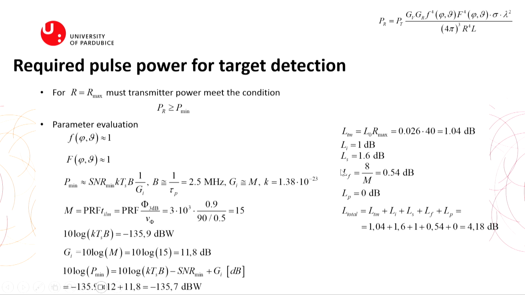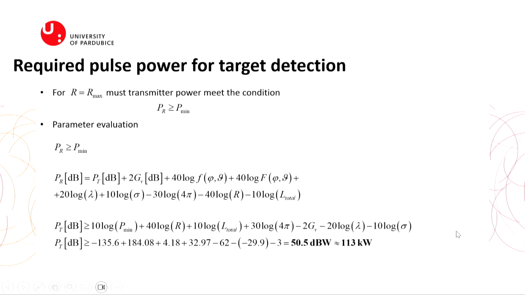Individual losses are computed, total losses are about 4 dB, and my question is: received power is transmit power plus all these things. So I evaluate the transmit power, and transmit power must be higher or equal to 50.5 dBW. It is approximately 113 kilowatts.